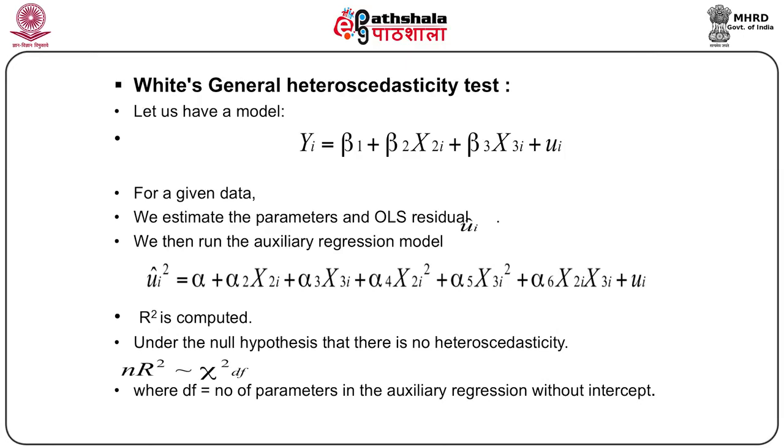To test heteroscedasticity, our null hypothesis here is R square equals 0. So if we reject the null hypothesis, then we have evidence that there is presence of heteroscedasticity.